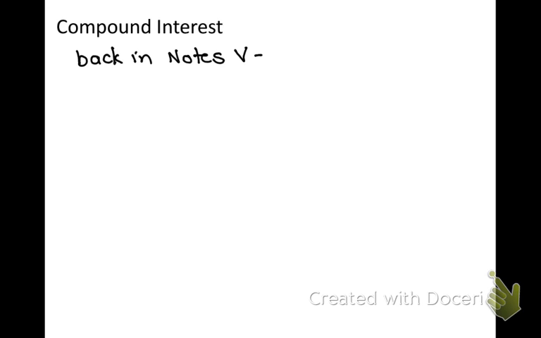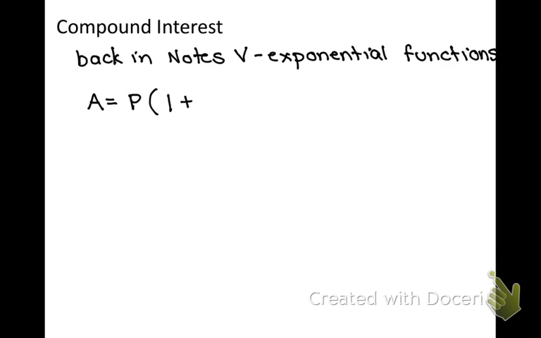And that Notes V was exponential functions. I do want to remind you what this formula was. It was A equals P times (1 plus r over n) to the n times t.